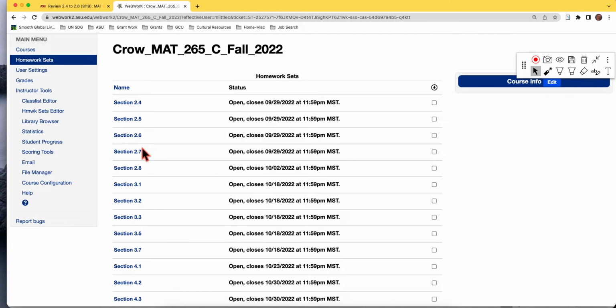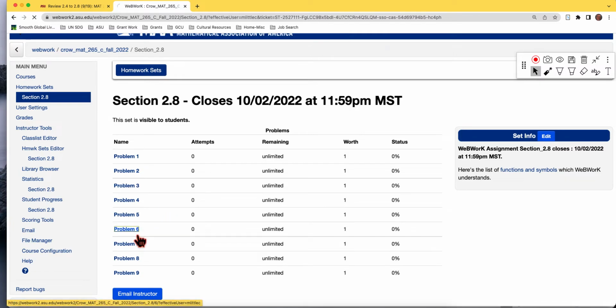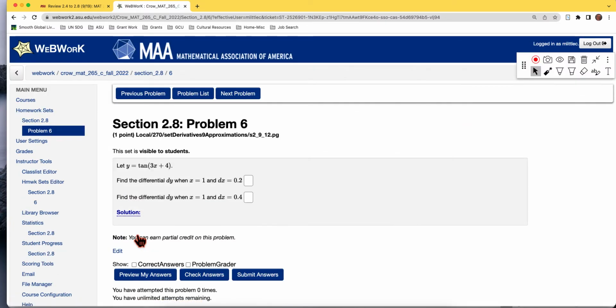I wanted 2.6 because it'd be easier. Number 6. Okay, let y equal tan of 3x plus 4. Find the differential dy when x equals 1, dx equals 0.2. Find the differential. Okay.